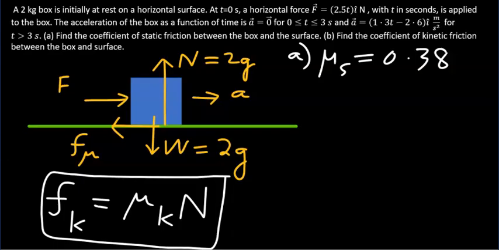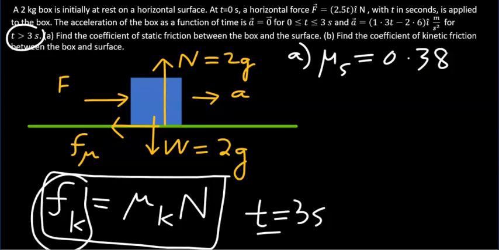So in this case, that happens for t greater than 3 seconds. So at t exactly equal to 3 seconds, the motion will start to take place. And as a result, the friction that would start to act on this body is the kinetic friction and no longer static friction. So in this free body diagram, for part B, the friction is the kinetic friction.